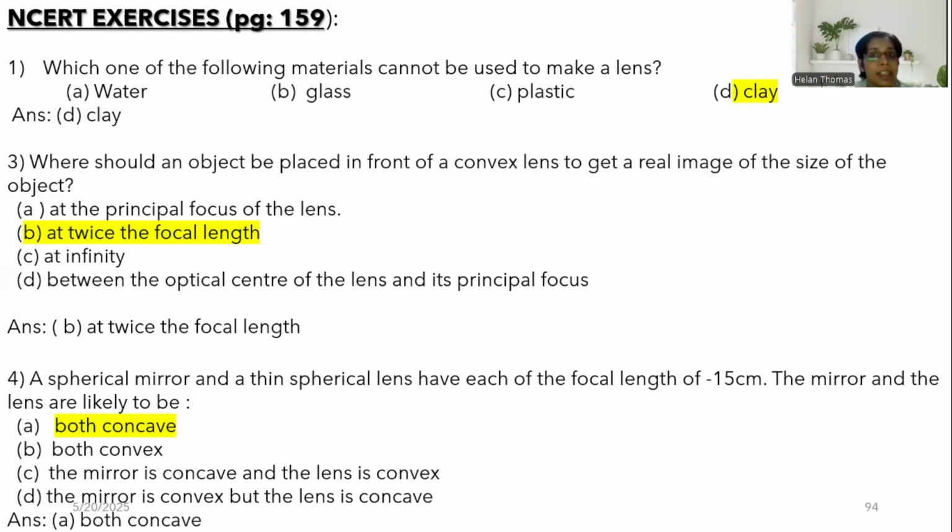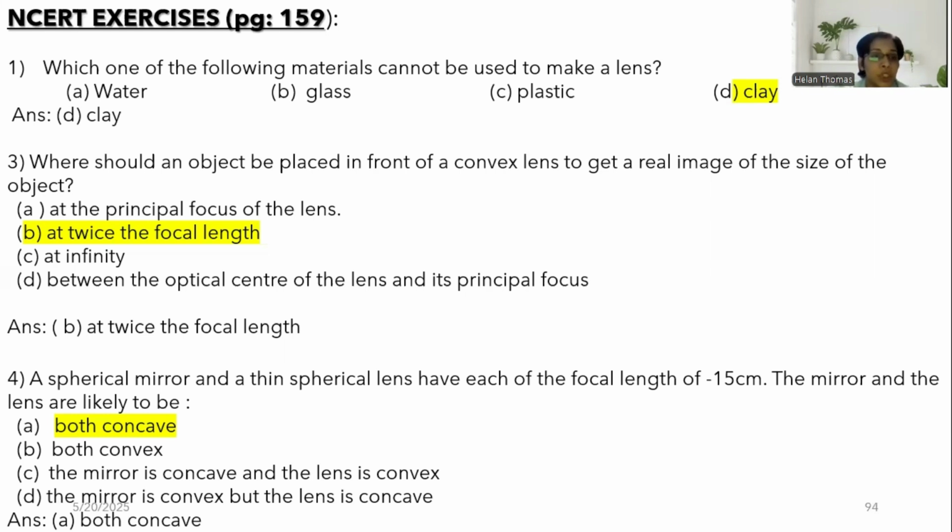In the convex lens, we write C as twice the focal length, right? So when you keep the object at the position 2F, the image is formed at 2F prime, and it will be of the same size.